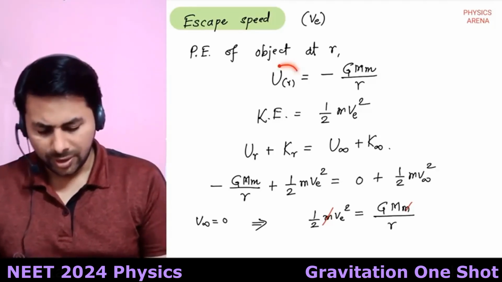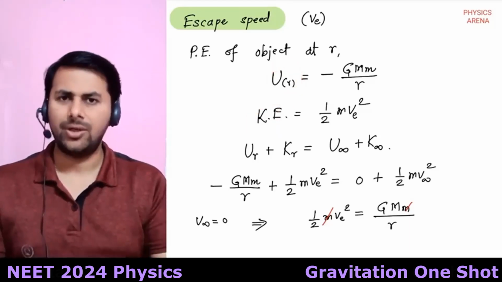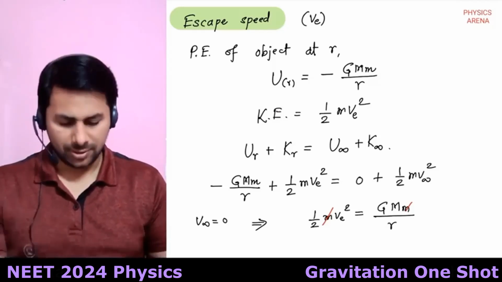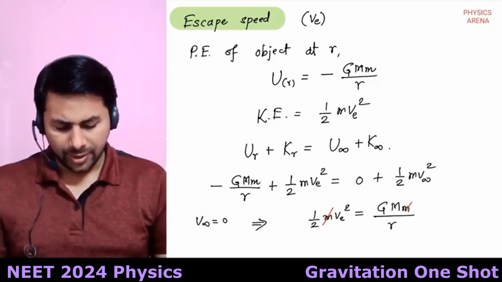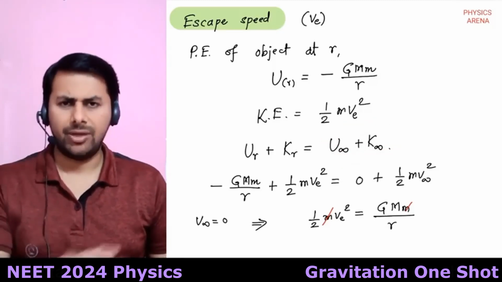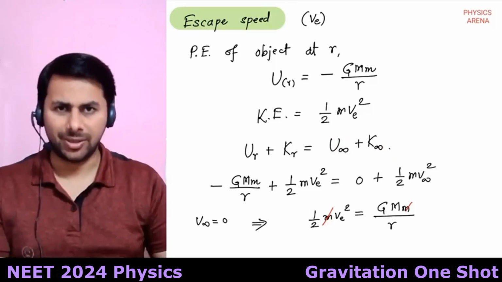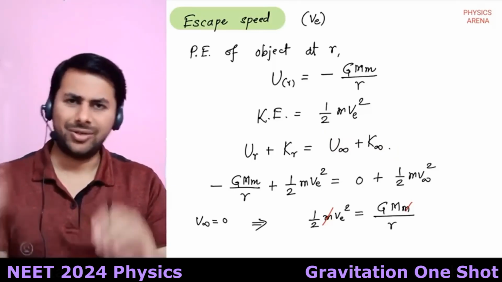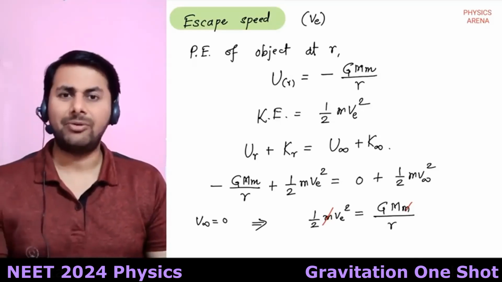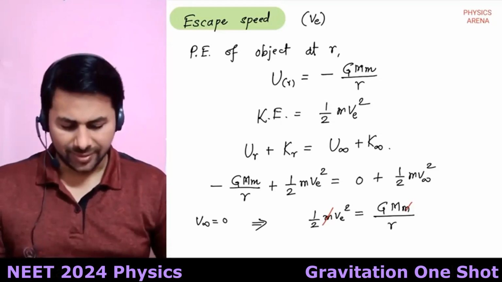Okay, so the sum of this potential plus kinetic energy is equal to the sum of potential energy and kinetic energy at infinity. And the sum of potential energy and kinetic energy at infinity will be equal to 0. We don't care if it stops at infinity. Even if it stops at infinity, potential energy is 0, the gravitational force will be 0, so it will not come back, right?